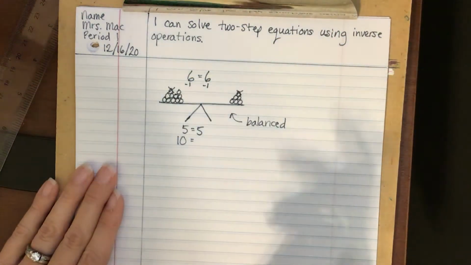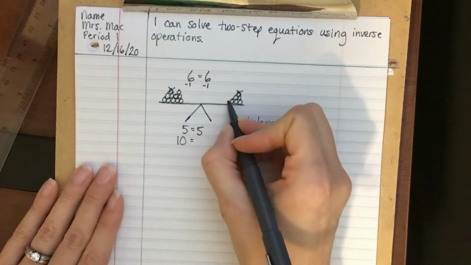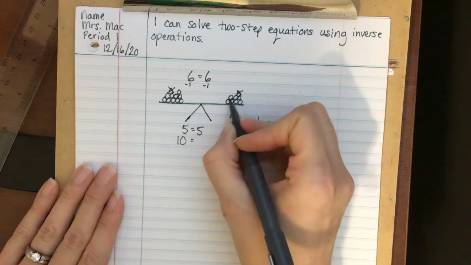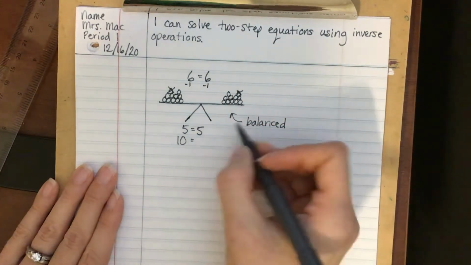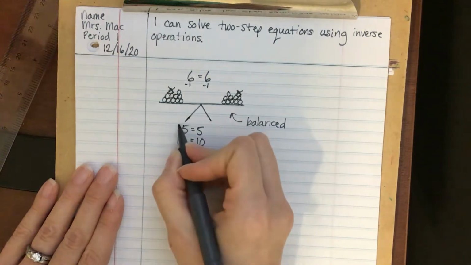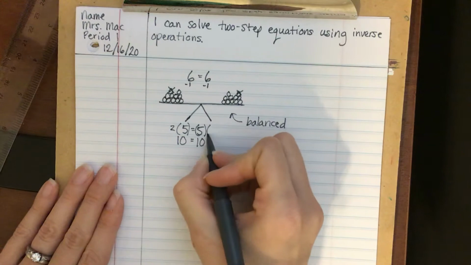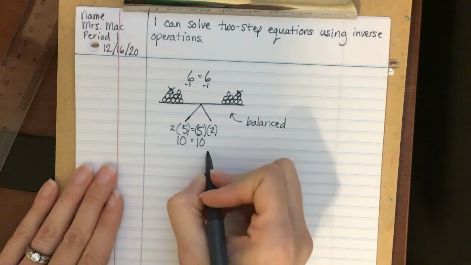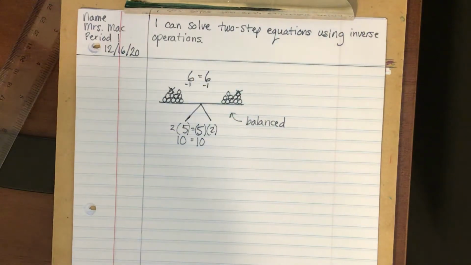So I can't just do it to one side, I have to do it to both sides, otherwise it's not going to be balanced anymore. So 1, 2, 3, 4, 5. Now, what we did is we doubled this side, we doubled this side, and now we have 10 is equal to 10, and our balance is still balanced, okay?